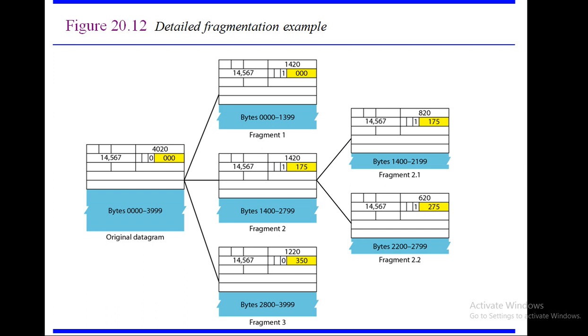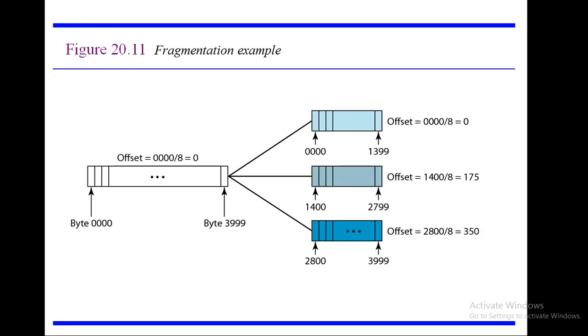You can see that. Now coming to fragment 3. Fragment 3 will also have the same identification number, 14567. Now this is the last fragment. So that's why you can see the M bit is equal to 0, because this is the last fragment. Now the offset for fragment number 3 is 2800 divided by 8, which is equal to 350.